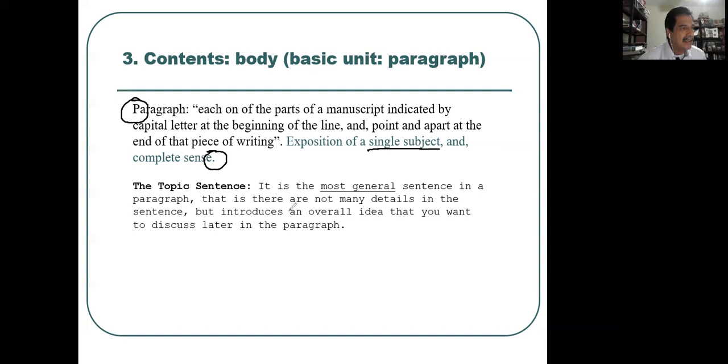It introduces an overall idea that you want to discuss later in the paragraph. So it's the general idea of what you want to discuss in this paragraph.